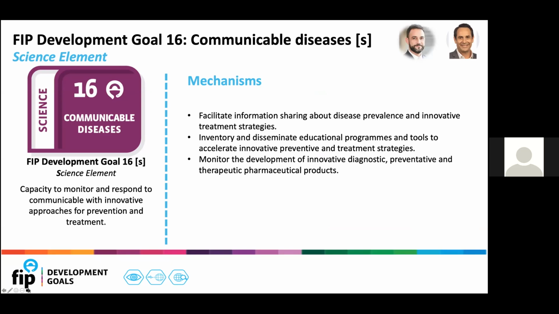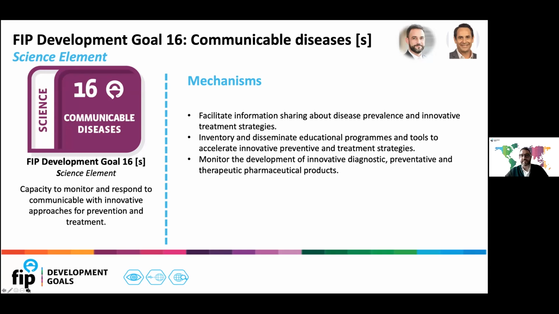As with the other elements under Development Goal 16, the science element also includes a few mechanisms that have been defined and agreed upon to structure the work or to guide the implementation of Development Goal 16.